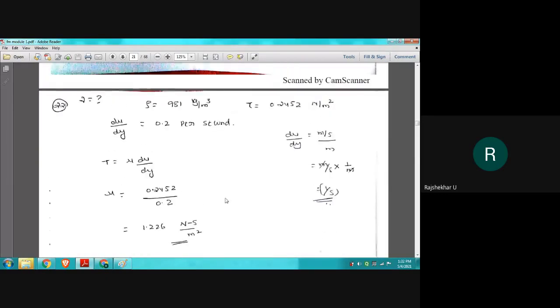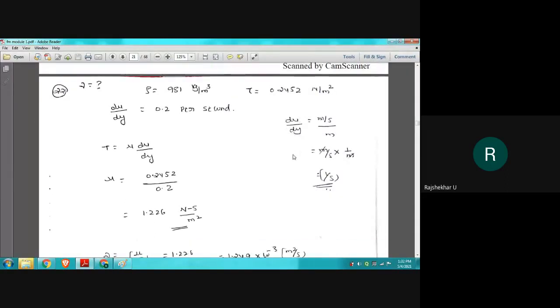So these are simple problems, but with some minute changes. Now, I hope you understood the velocity gradient. What is velocity gradient? Usually gradient means you will be measuring a parameter with respect to distance. Here it is velocity. We are measuring velocity with respect to distance. That is gradient. There is also something called temperature gradient. In that case, we will measure temperature with respect to distance, maybe dT by dx, dT by dy.